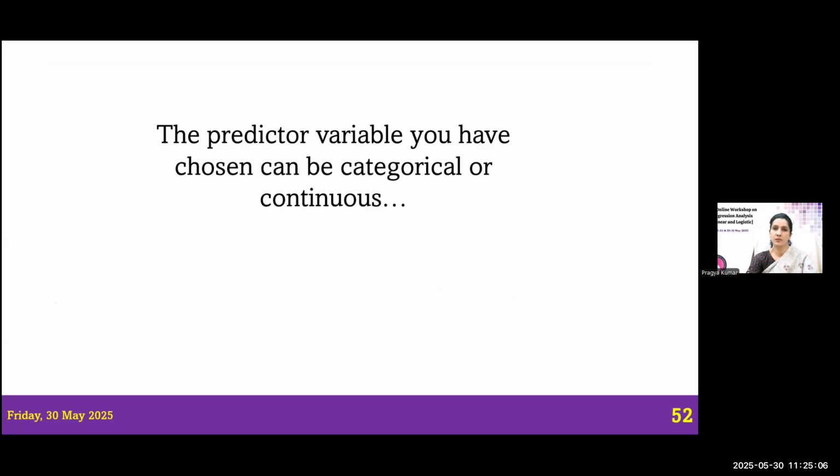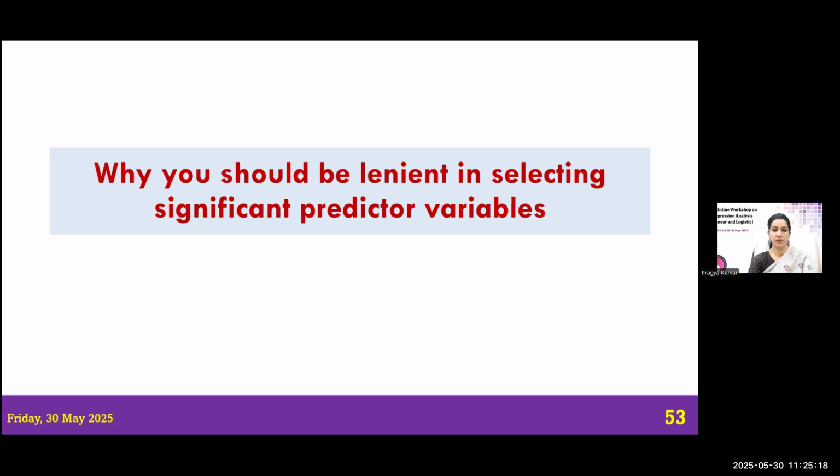And then for the predictor variable, we know that the dependent variable is categorical in nature, but the independent variable can be continuous or categorical. Now you may ask why we are not selecting only the variables that are strictly 0.05, why we are lenient in selecting the significant predictor variables.